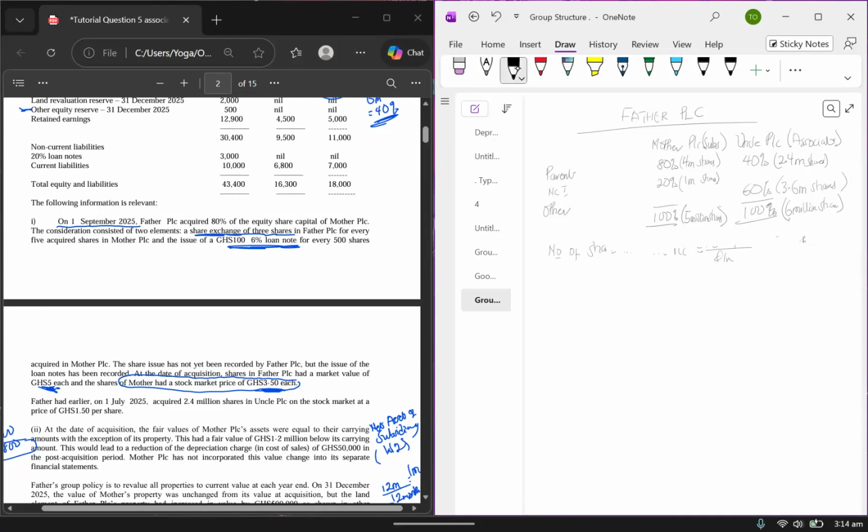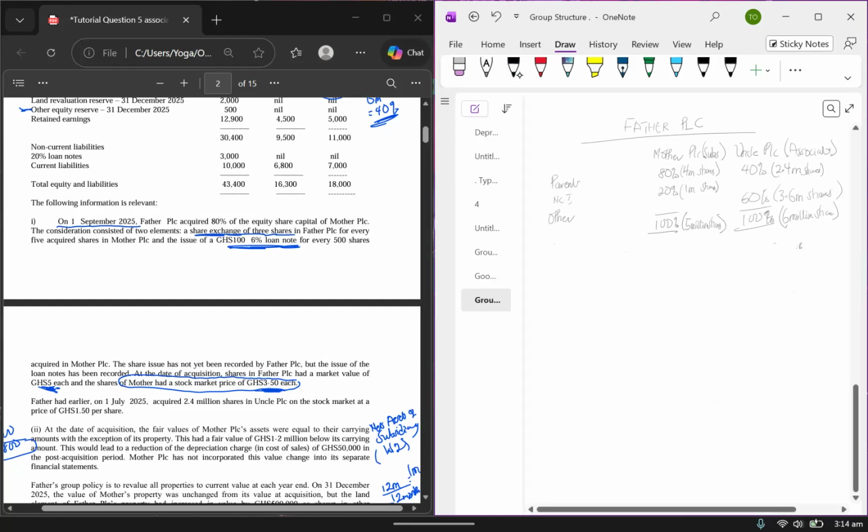Okay. So, neatly presented. And then you bring your acquisition dates, then reporting dates, post-acquisition period, very necessary.